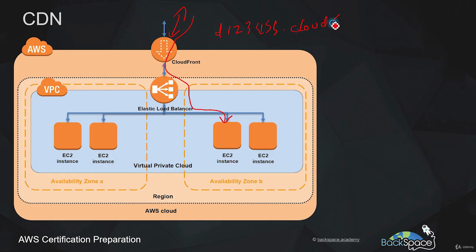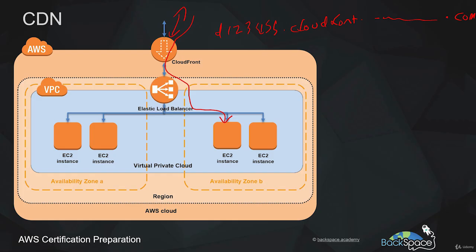The problem with that is that the DNS name for that CloudFront distribution will be something very complicated and won't mean anything to our end user at all. So we would prefer to have our end user type in a domain name and have the requests for that domain name forwarded to that CloudFront service.